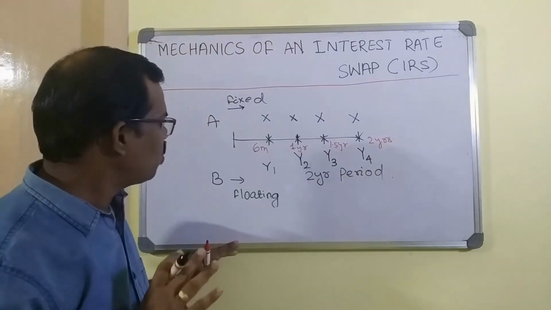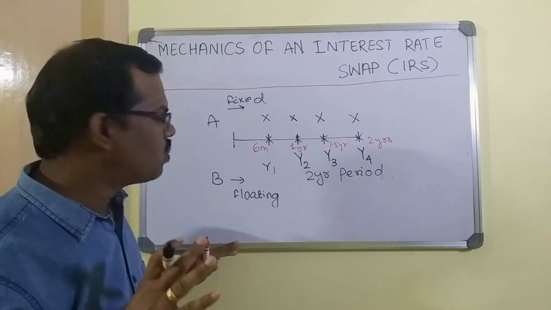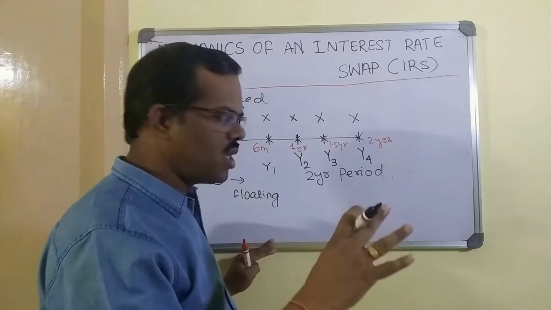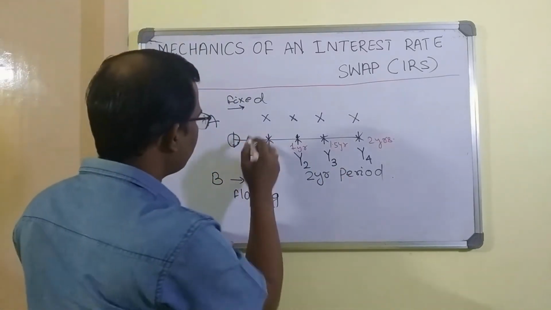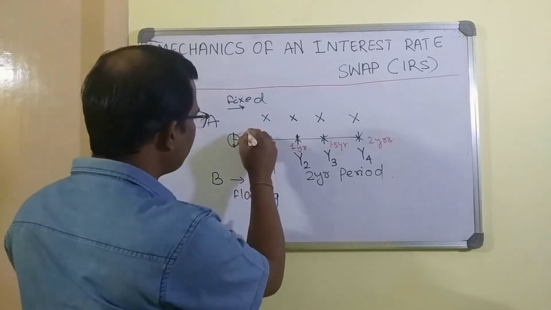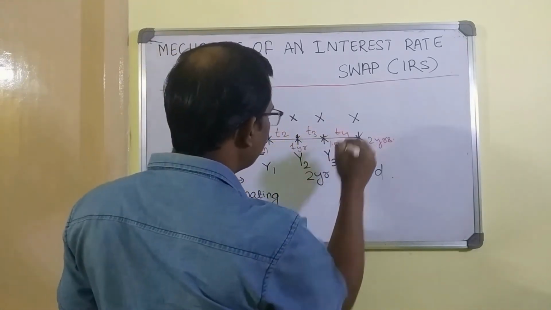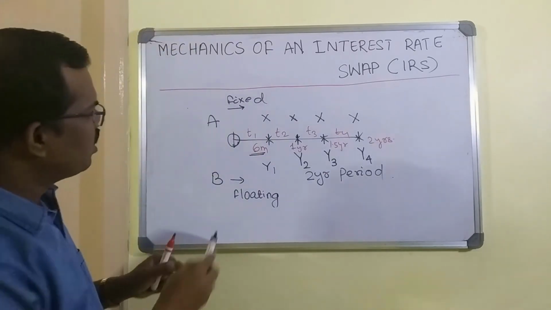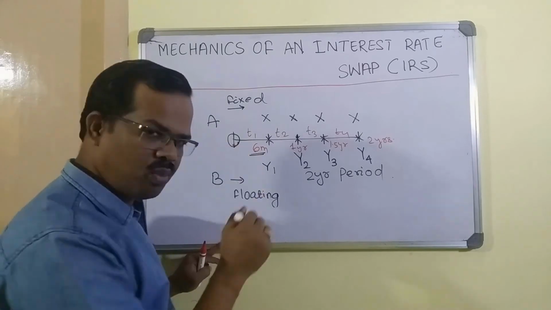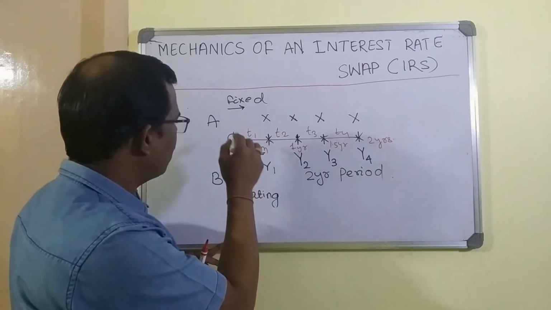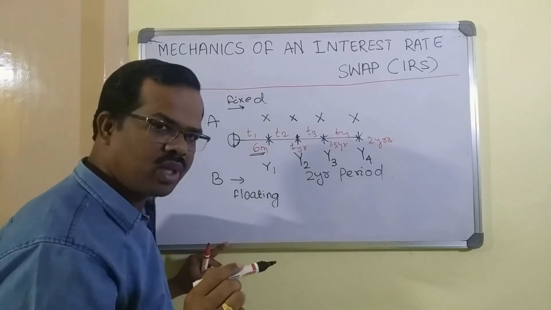So how do we arrive at what B is going to pay in the remaining period of 2 years? If I divide it into 4 time periods, T1, T2, T3, T4, then you will probably know the interest rate for T1, because at that point in time you might have already entered the first period and you know the applicable interest rate.